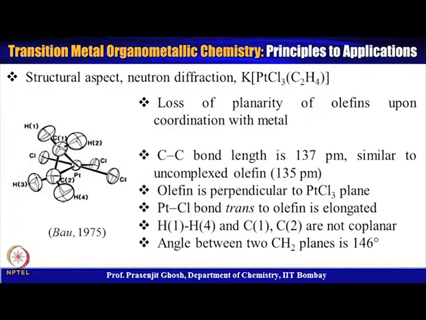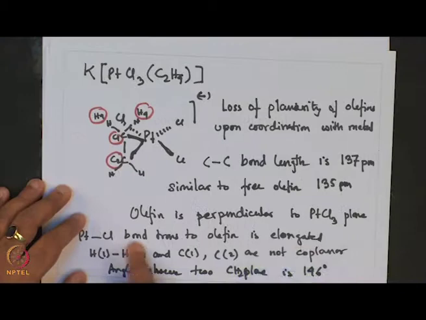CC bond length has slightly increased from 135 picometer to 137. Olefinic CC bond is perpendicular to the PtCl3 plane, and lastly, the chlorine, which is trans to the olefin, is slightly elongated as a result of the trans influence.